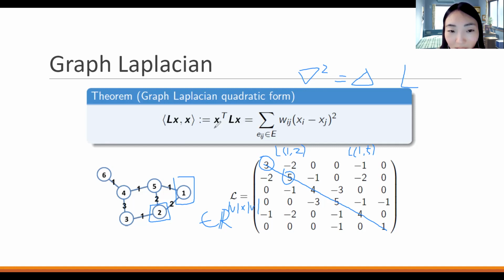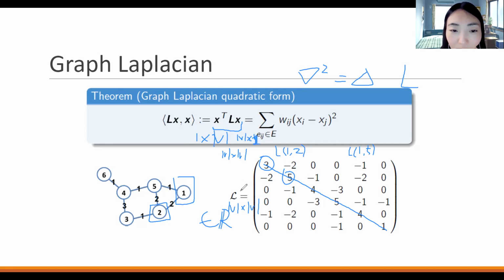So think about what the dimension of this is. If x is a vector, x transpose is going to be 1 by V, the size of V. And L is V by V. And then the last one is V by 1. So you're going to get a scalar out, right? So in the end, you should get a scalar.